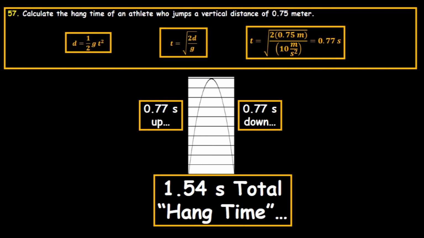Now, a question. If instead of jumping straight up, the athlete ran as fast as he could and then jumped, much like Michael Jordan used to do, or Kobe Bryant, where they're just leaping through the air and they get that incredible push from the floor, will their hang time be greater if they were up for 0.77 seconds?